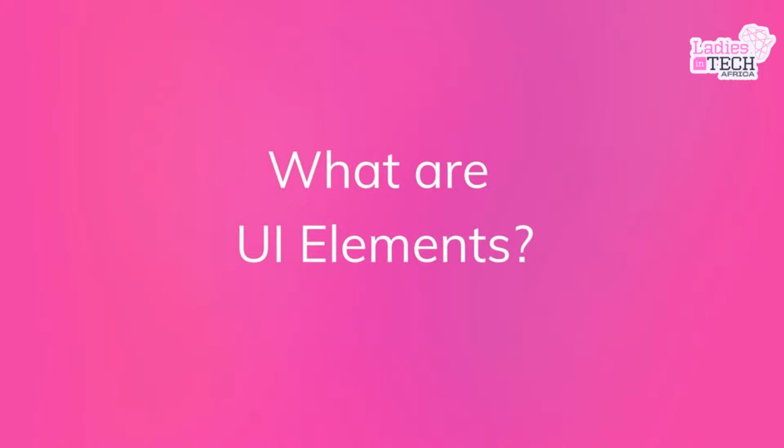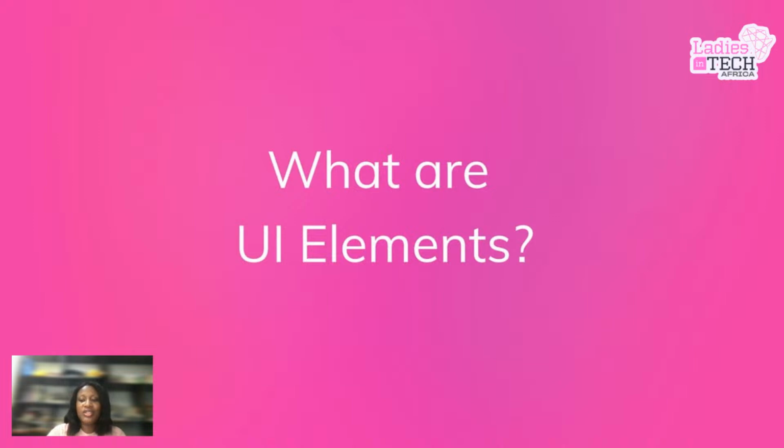What else? Clarity, consistency, feedback. Okay, accessibility, visual hierarchy. There's one more. Consistency. Okay, so consistency, clarity, simplicity, feedback, accessibility, and visual hierarchy. Amazing. So let's move on to UI elements.